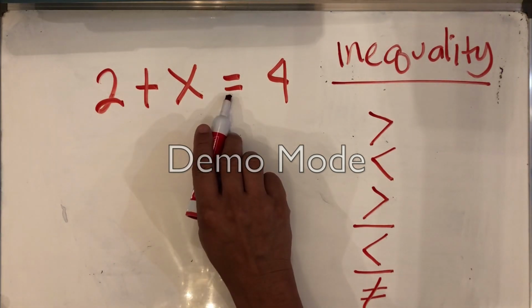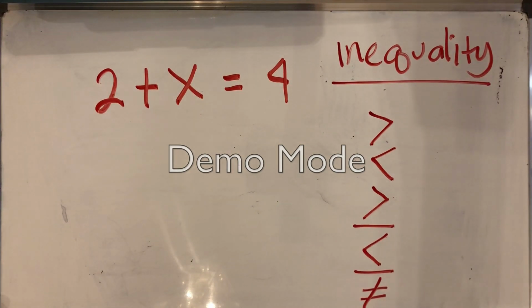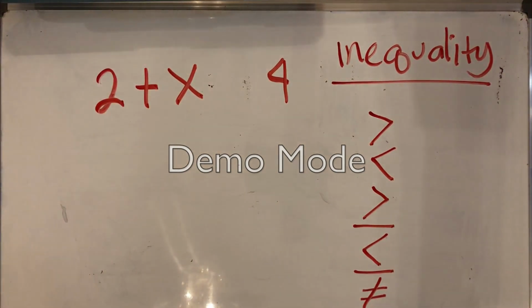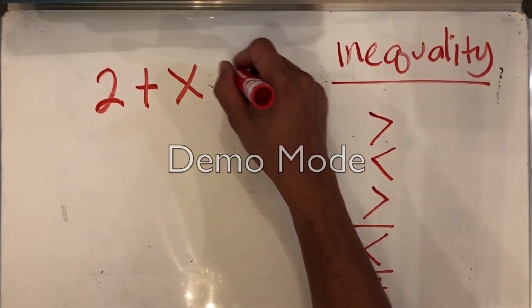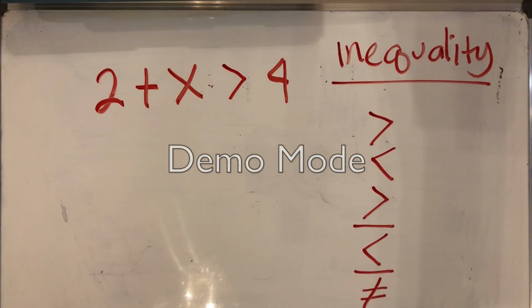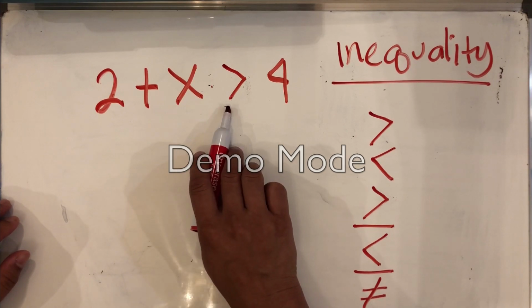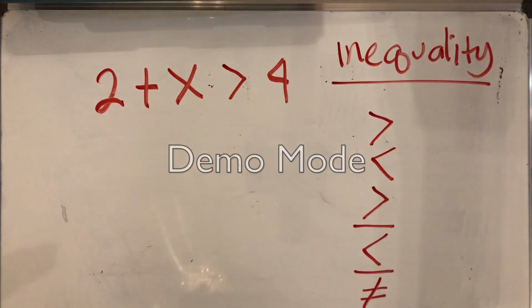So instead of the equal symbol, we have one of the 5 inequality symbols. For now, let's change this equal symbol into a greater than symbol. Now we have an inequality: 2 plus x is greater than 4.